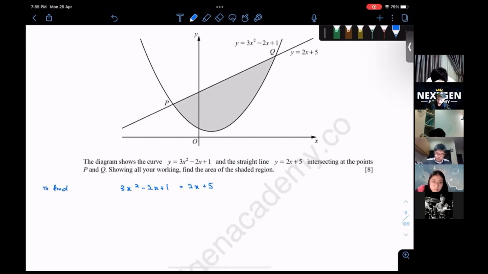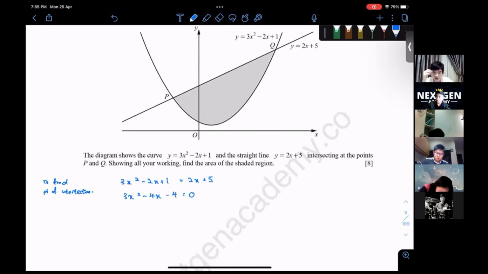To find the point of intersection, which will give you 3x squared minus 4x minus 4 equals 0. Then get bracket x minus 2, bracket 3x plus 2 equals 0. Okay, good.